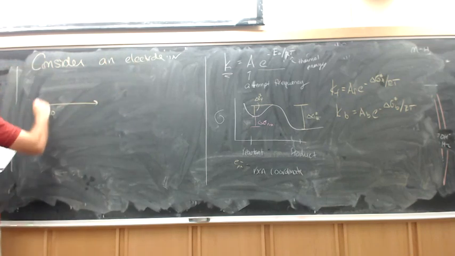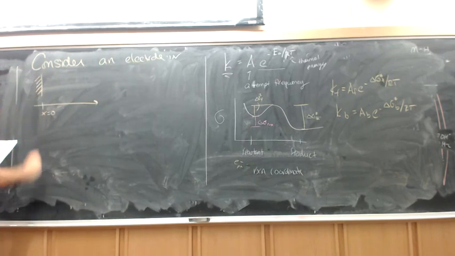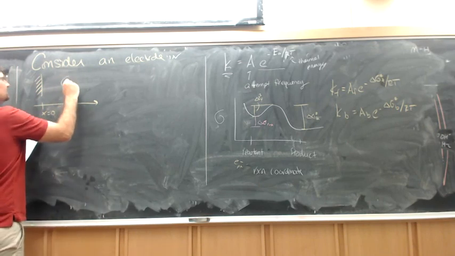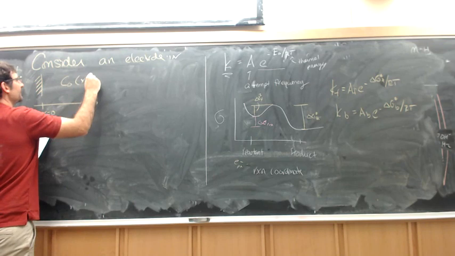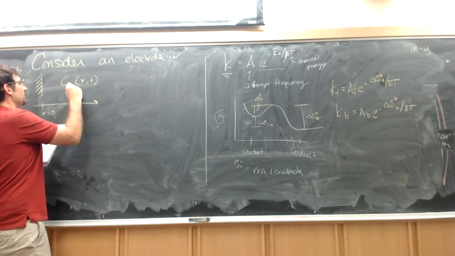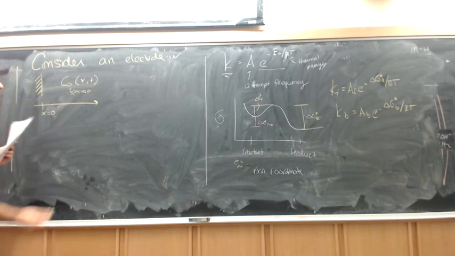We'll consider an electrode surface at x equals 0. I can have some concentration of O as a function of x and t. And so this is the concentration of species O in the reaction O plus n electrons goes to R, so it's the concentration of the oxidized species.